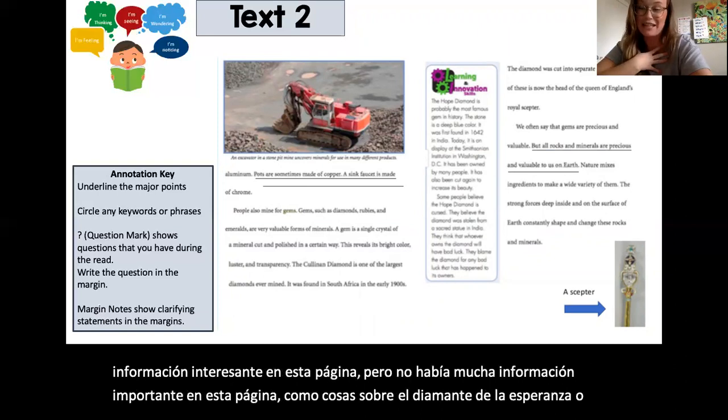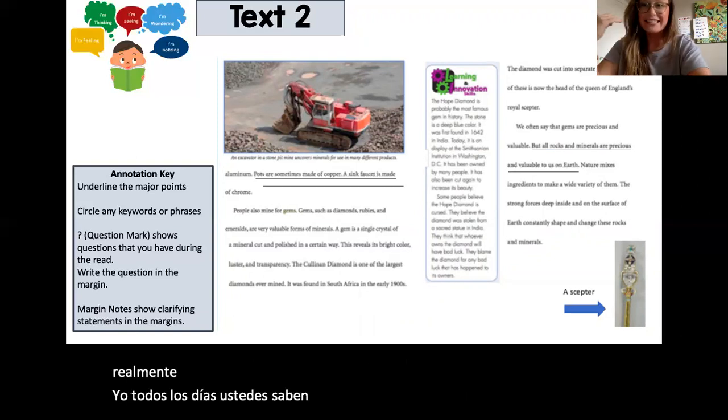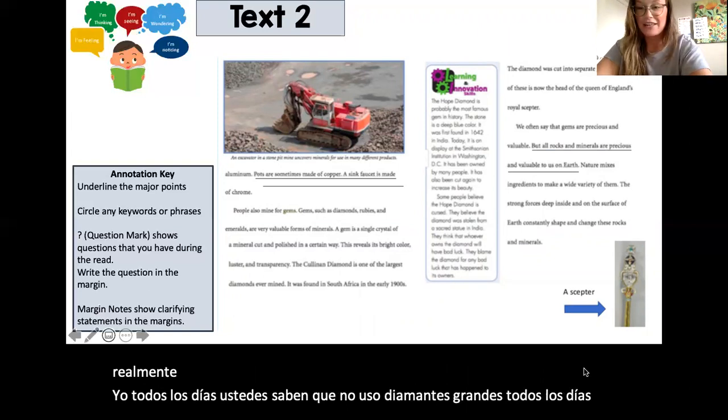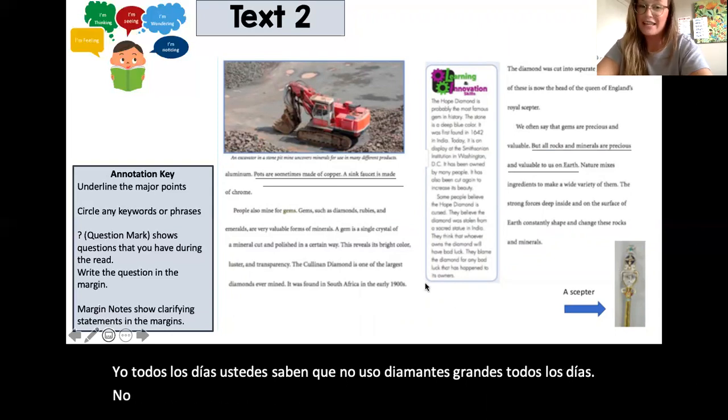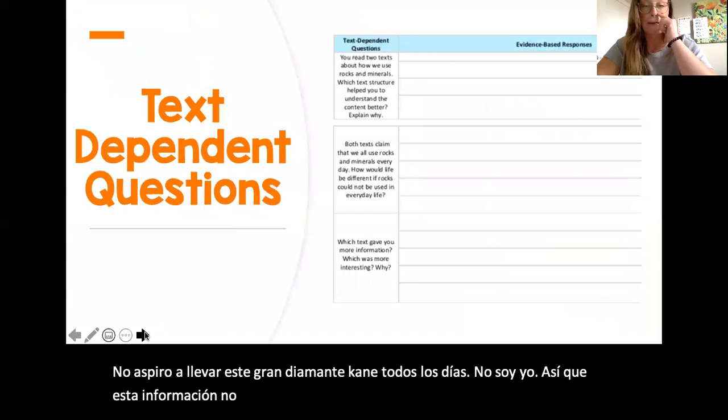That is not going to really impact me every day. You guys know I don't wear big diamonds every day. I don't aspire to carry this big diamond cane every day. That's just not me. So this information just really wasn't pertinent to our text-dependent questions.